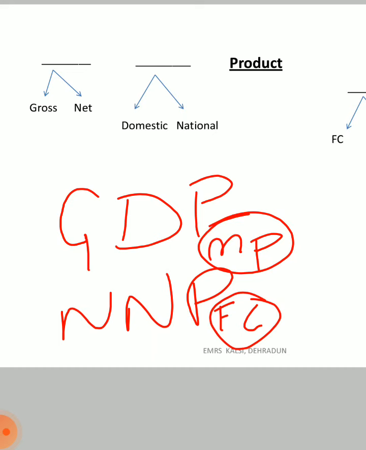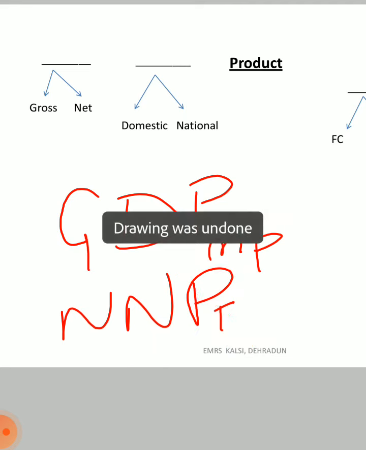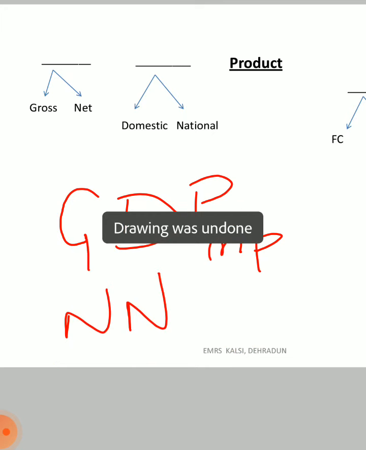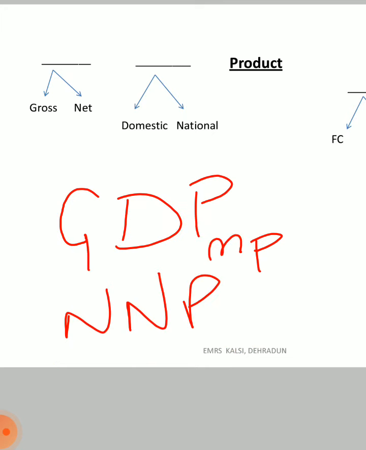One more thing, you have to be careful regarding the two Ns. Whenever two Ns come in the same aggregate like NNP, the first N is net, the second N will be called national.